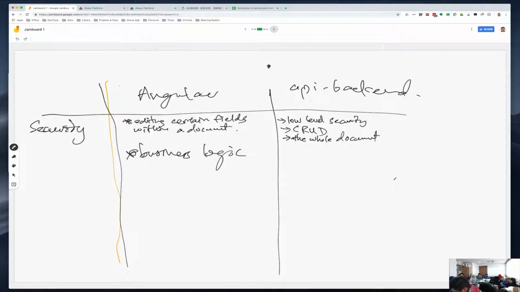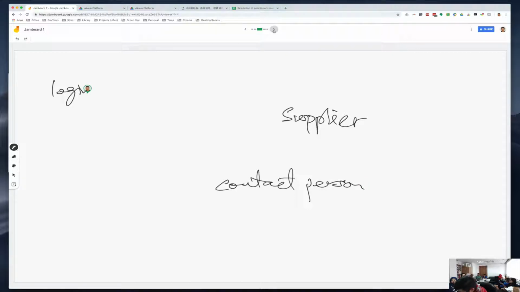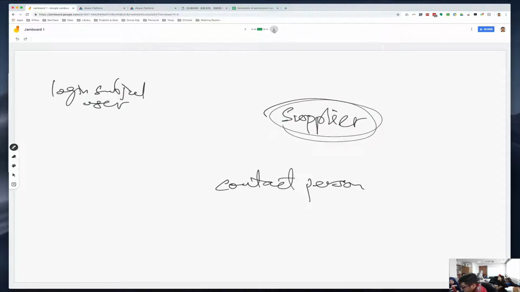Now, there is one more dimension that you need to take into consideration. Currently you are talking about the supplier, and then you are talking about the contact person, and then you need to understand that there's another thing called the login subject, or the user. So when you create a supplier, you can attach as many contact persons to the supplier, but this doesn't mean that there is a login. They cannot log in.